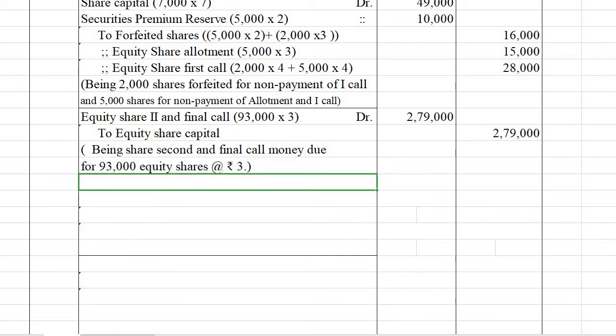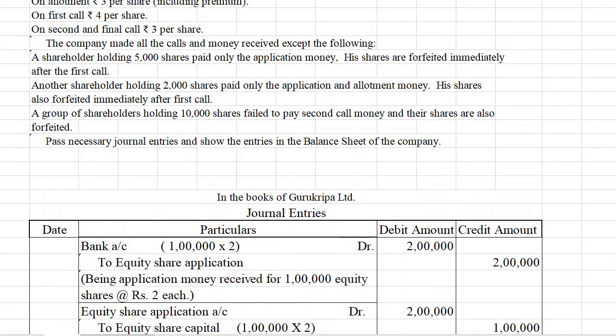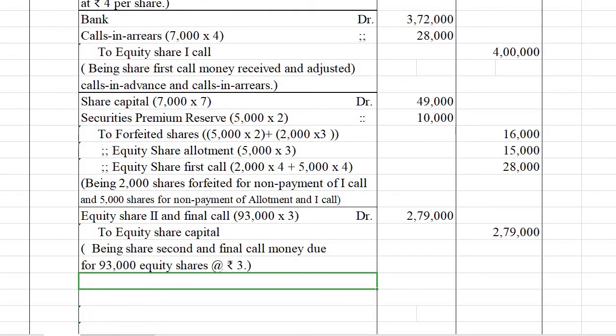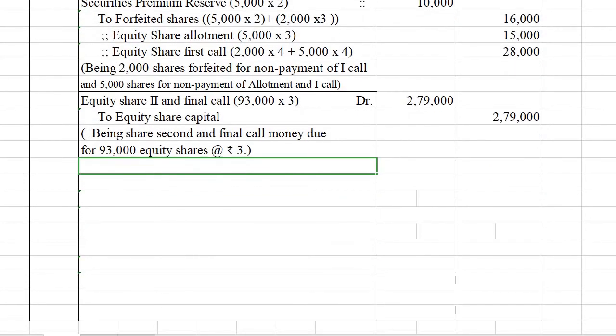Clear? Then this amount we are receiving from the shareholders. While receiving the amount from the shareholders, one more adjustment we have to see. A group of shareholders holding 10,000 shares failed to pay the second and final call money. So that much is the arrears. So the remaining 83,000 shares only pay the second call money.